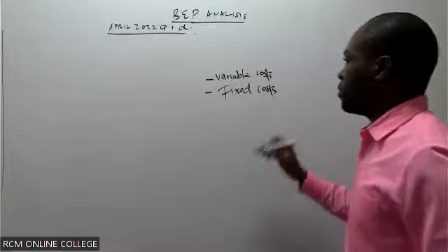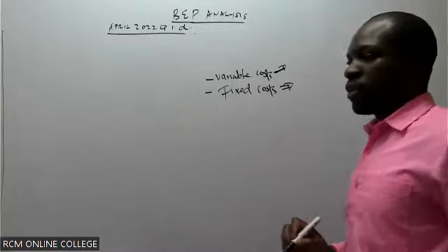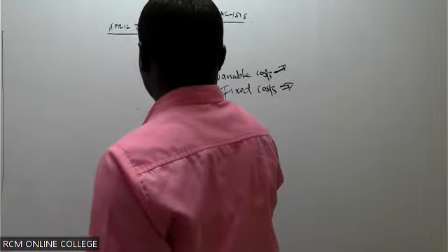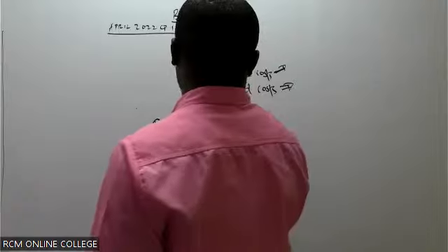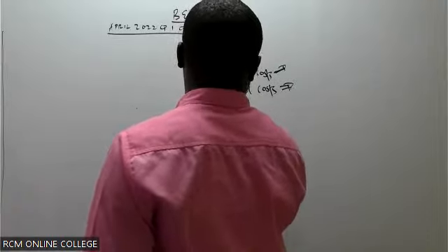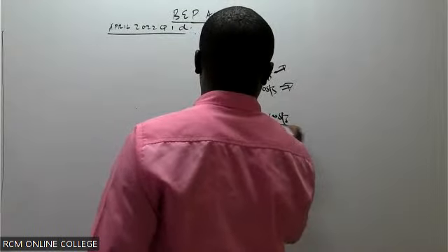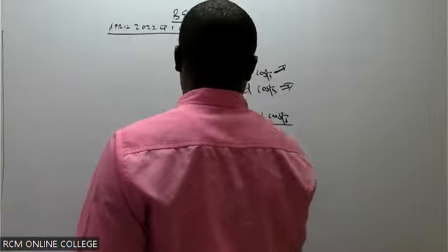So your work is to basically bring all the variable costs together and then bring all the fixed costs together. Because for you to be able to get the break-even point, now that we are dealing with multiple products, we need to take total fixed costs, then we divide that by the weighted average contribution margin.